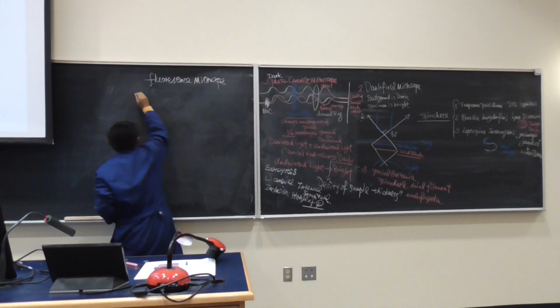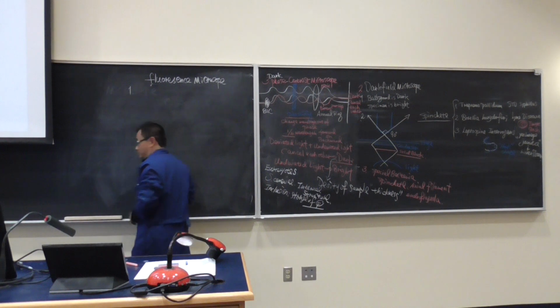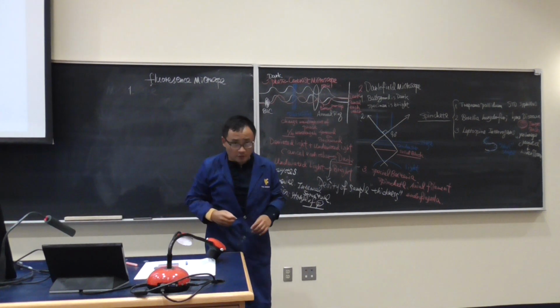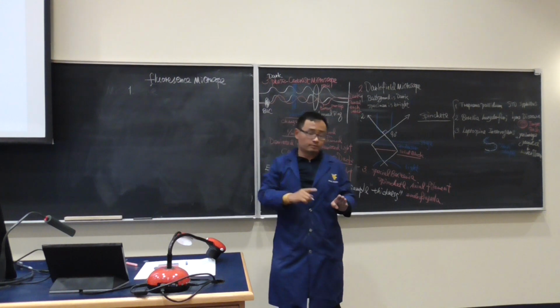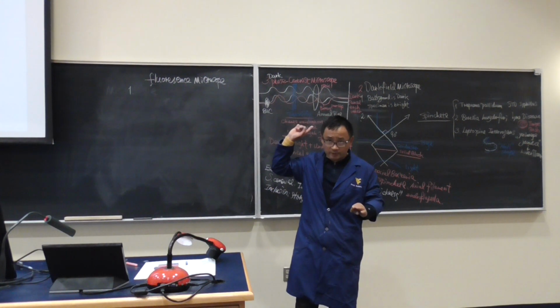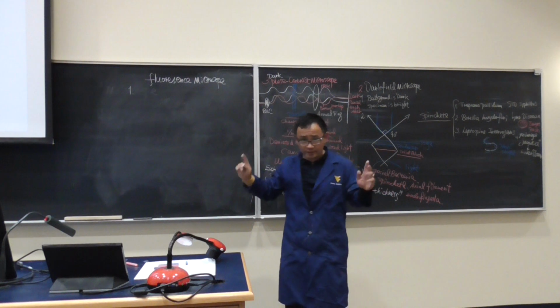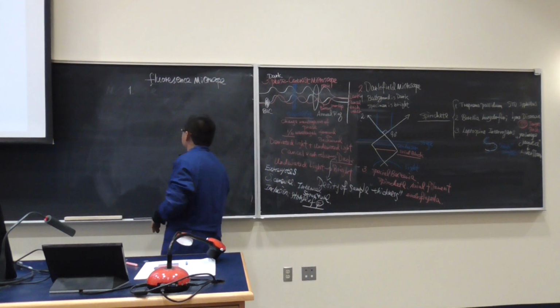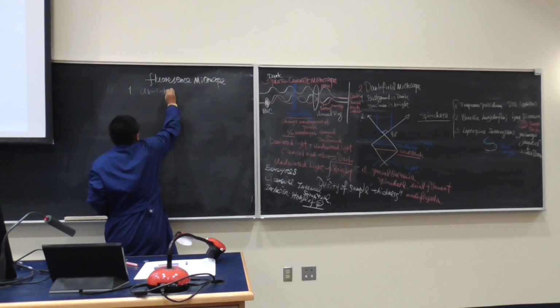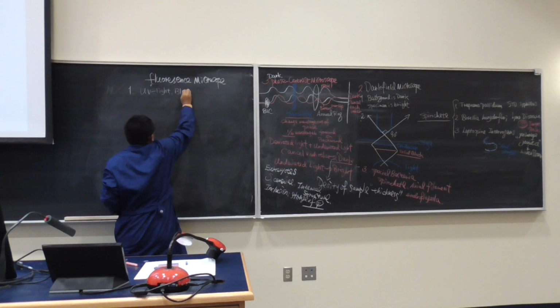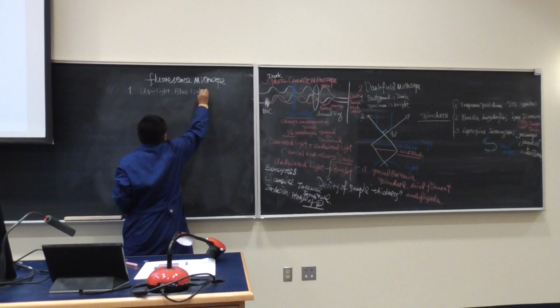So first of all, fluorescence microscope is different from the light field microscopes we already talked about: bright field, dark field, and phase contrast microscope. They use light as energy. Fluorescence microscope uses UV light or blue light as an energy resource.